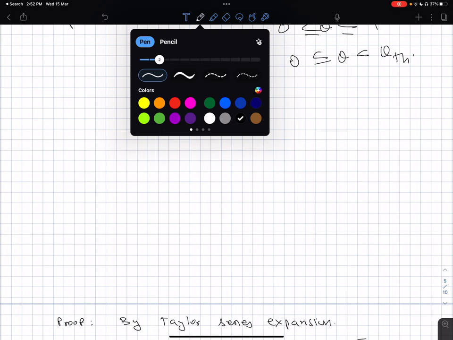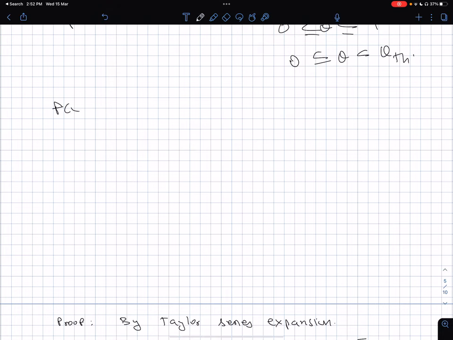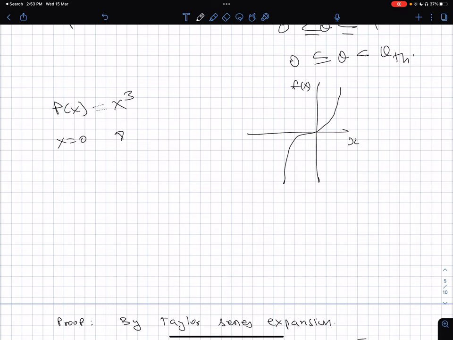I'll explain this point. Let's take a single dimension function, x cube. Now this function, if you sketch it, looks like this. At x equal to 0, the gradient is 0, and the second derivative is also 0.